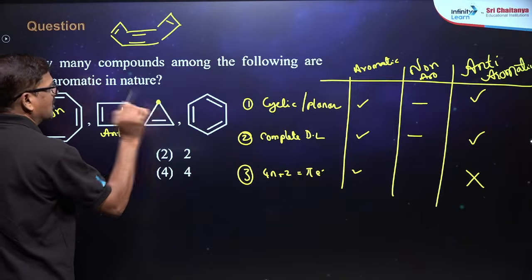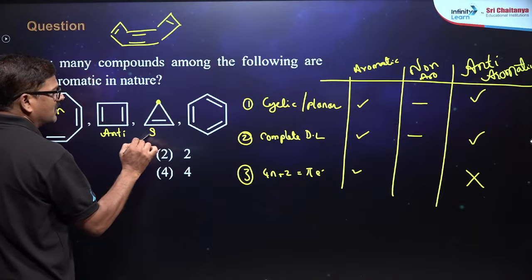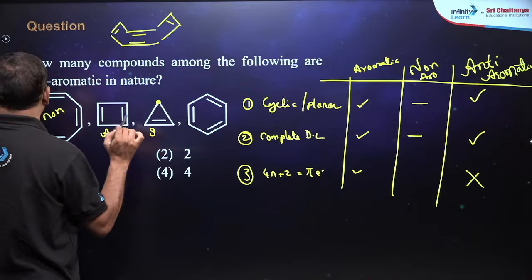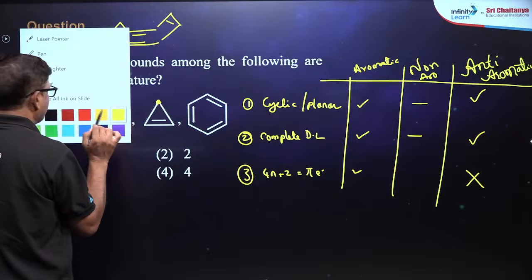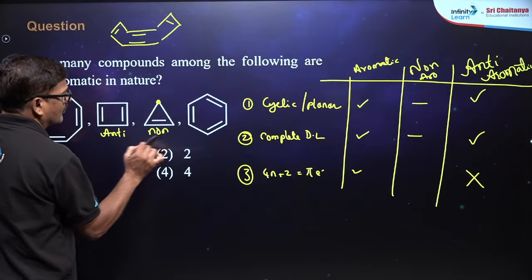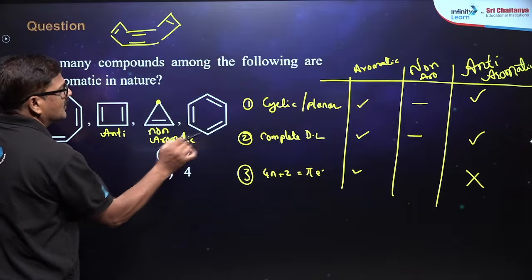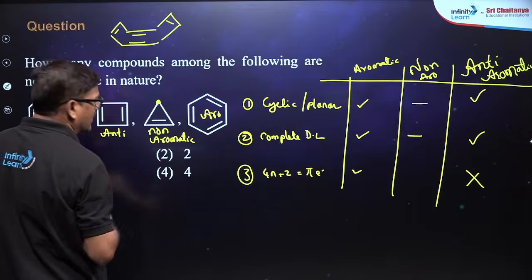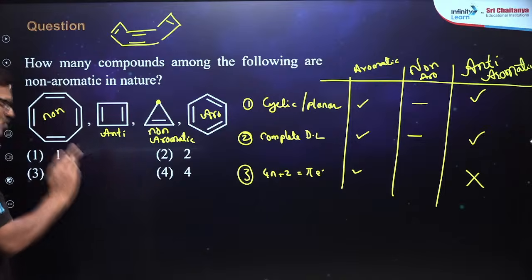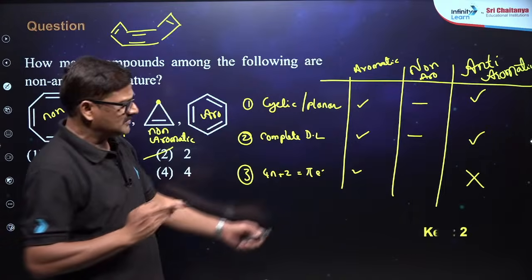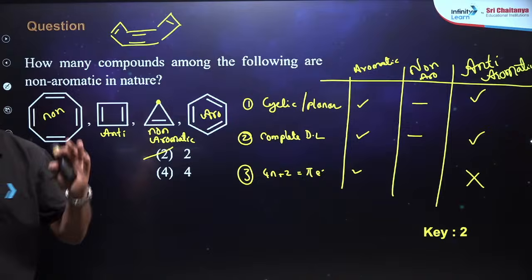This one has an sp3 carbon and is non-planar, so it is going to be non-aromatic. This one is also non-aromatic. And this is a well-known aromatic compound. I can say there are 2 non-aromatic compounds. The answer for this question is 2.